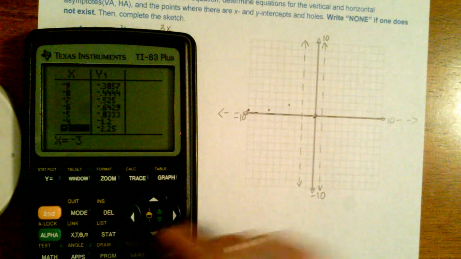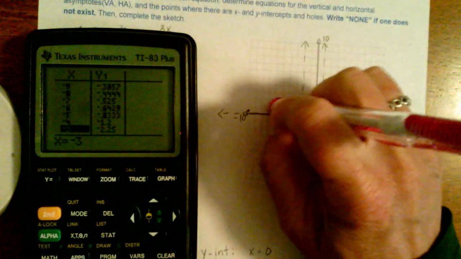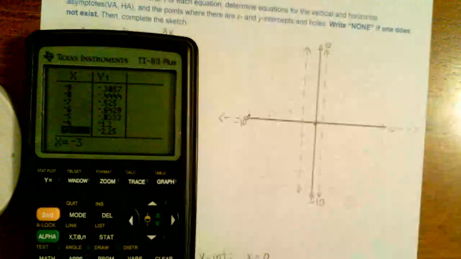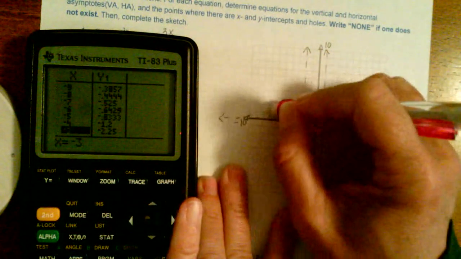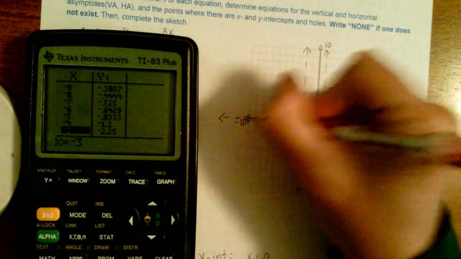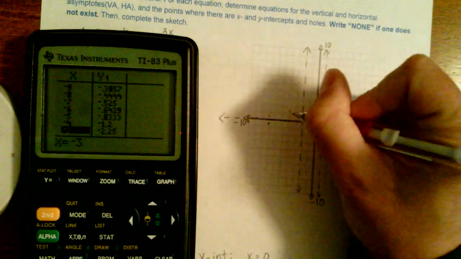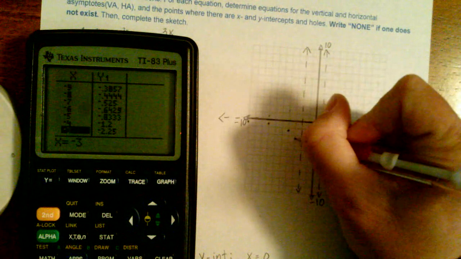At negative 3, oh, these all should have been negative. I apologize. I need to pay attention to my signs. This is why we use erasers. Negative 2.25.